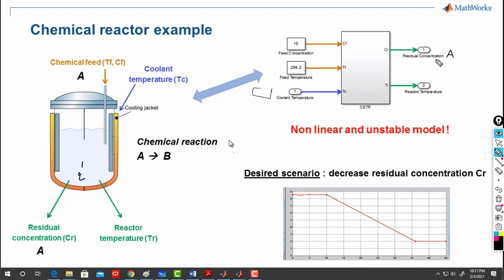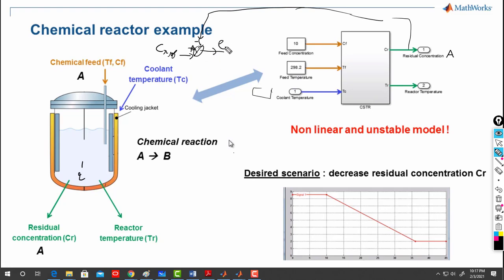So here I'm measuring the residual concentration, and I probably must feed it back. With negative feedback, your reference is the desired reference concentration, and I compare the measurement with that reference.